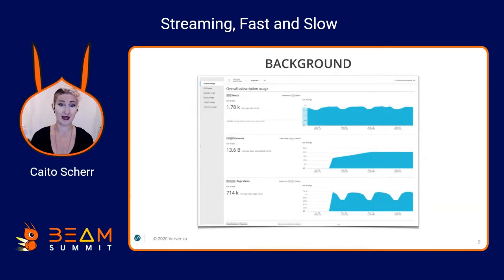Add the fact that there's a lot of metadata about a lot of this, and then multiply that by a huge number of customers. So we needed a system that could handle this rapid growth and sustainably handle it for the foreseeable future. So luckily, there's a lot of frameworks out there that can solve for a lot of these challenges in really powerful and impressive ways, like Flink and Beam, which is why we're here.